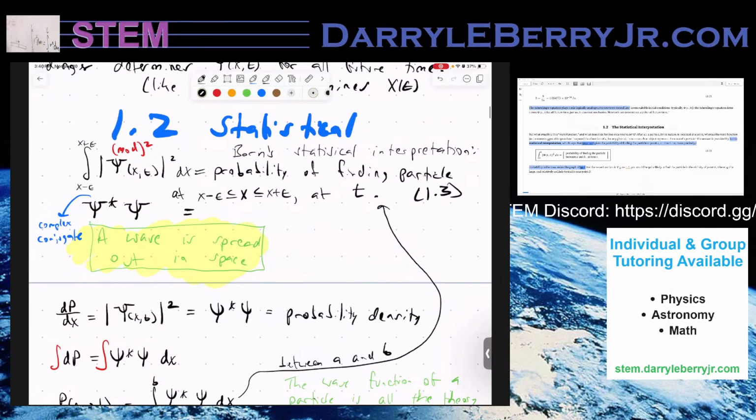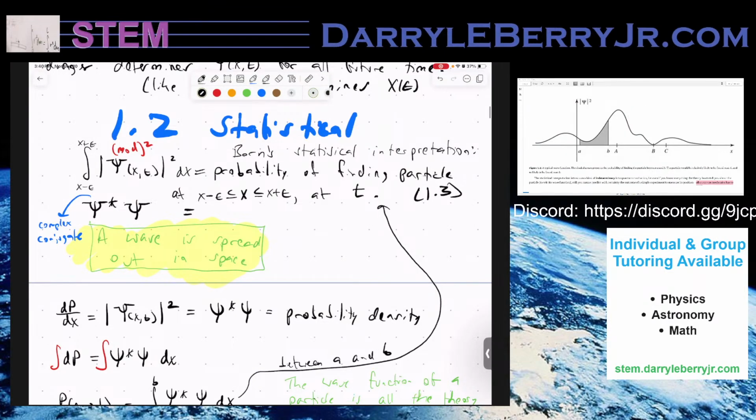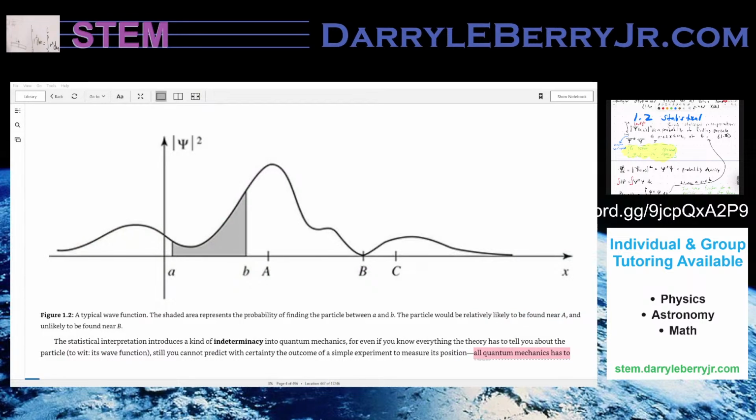And we have that the probability is the area under the curve of psi squared, the probability density. Just like y could be on the y-axis, x is the x-axis, psi mod squared is the y-axis. Psi mod squared is the graph. And thus the area under the curve between A and B gives you the probability between A and B.